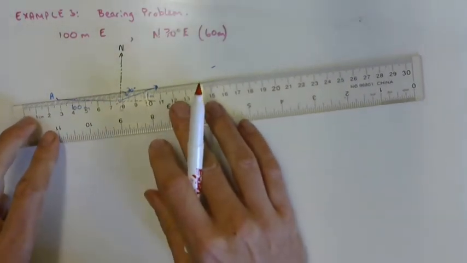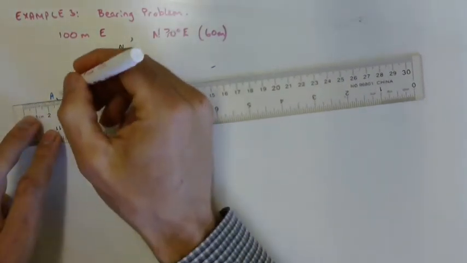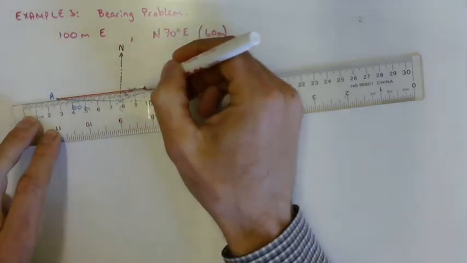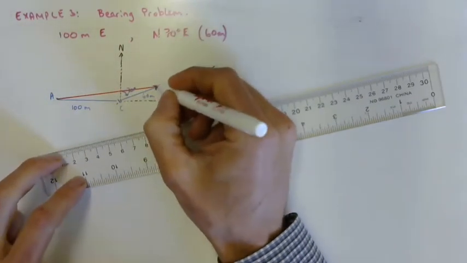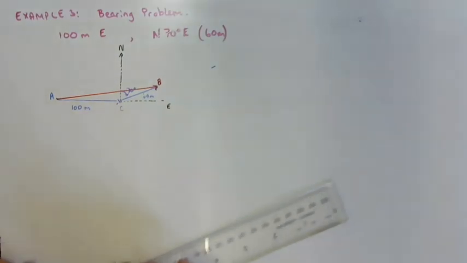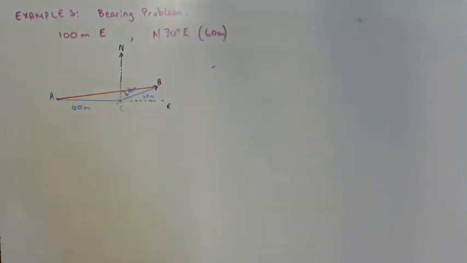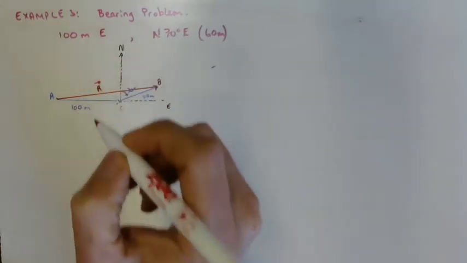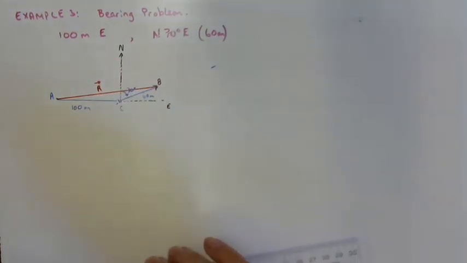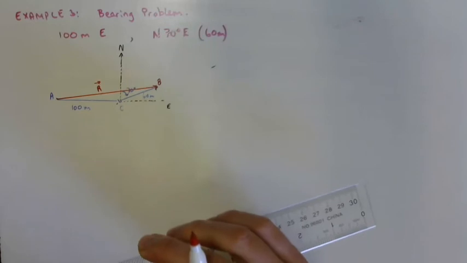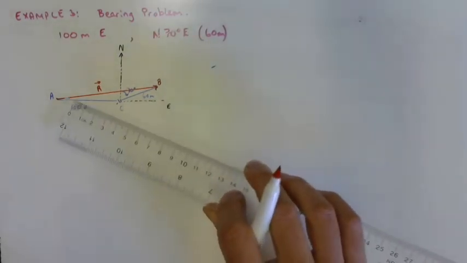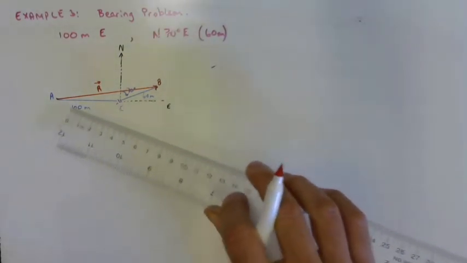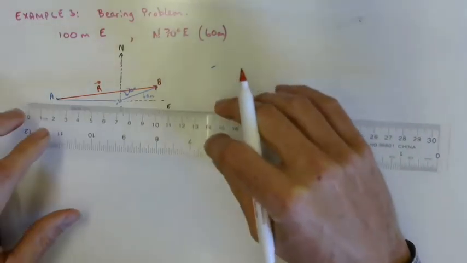And we're coming from A to B. All right. So all we need to do now is measure the length of vector r, the resultant, and that will give us our magnitude. And then we're going to measure the angle CAB, and that will give us our direction.